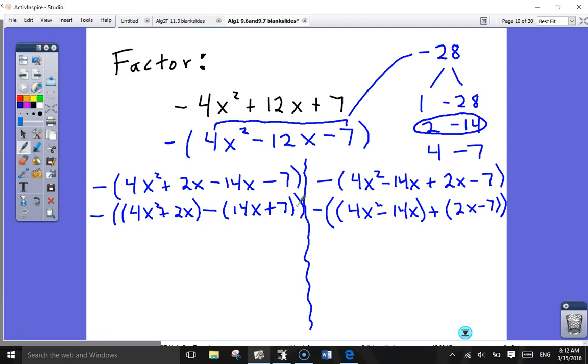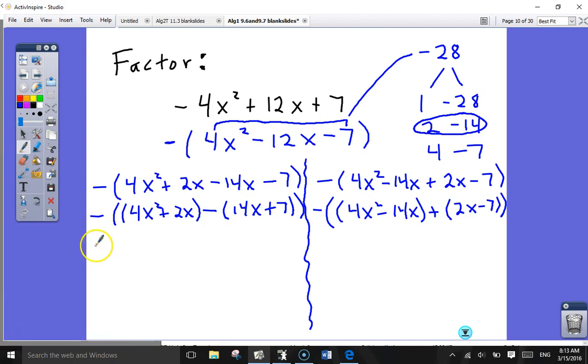So in order not to change what I've got, I have to flip the sign. You don't have to worry about that if you do what I did on the second one, where I put the negative term, negative 14x, and then the positive term. Personally, if I've got a positive and a negative, I always put the negative first so I don't run into problems like that. But if you do it correctly, either one will give you the right answer.